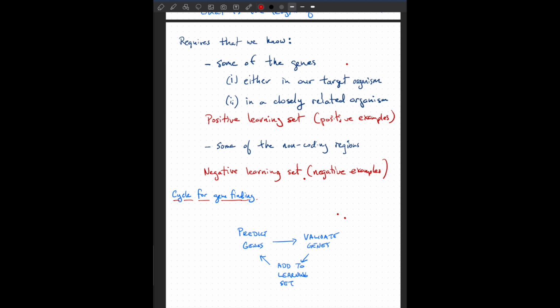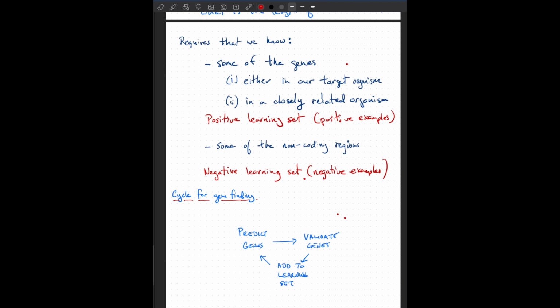Okay, so a couple of concepts here for machine learning, because we're going to see more and more machine learning as the course goes on, and this starts here with the idea of a positive and negative learning set. So we know that for this whole system to work, we need some of the genes, either in our target organism, where we're trying to find the rest of them, or in a closely related organism.